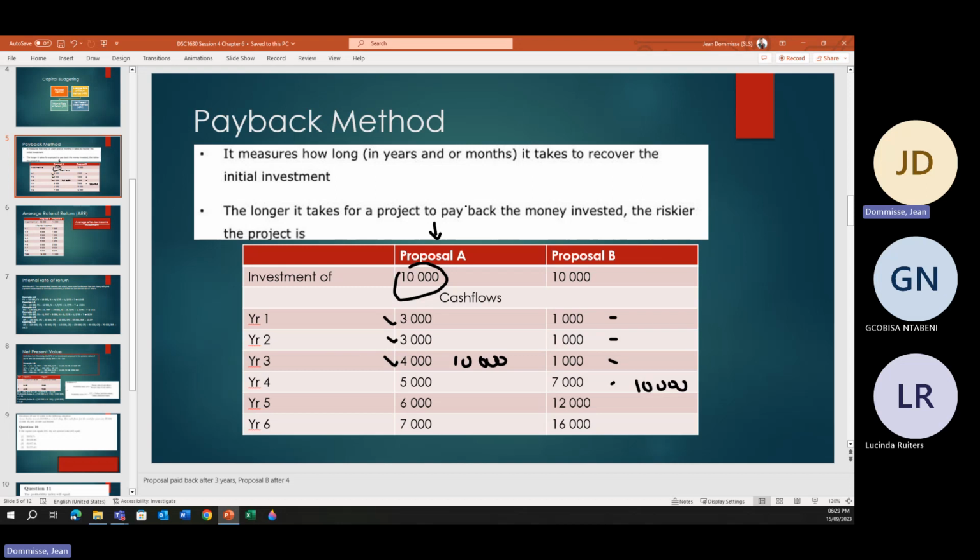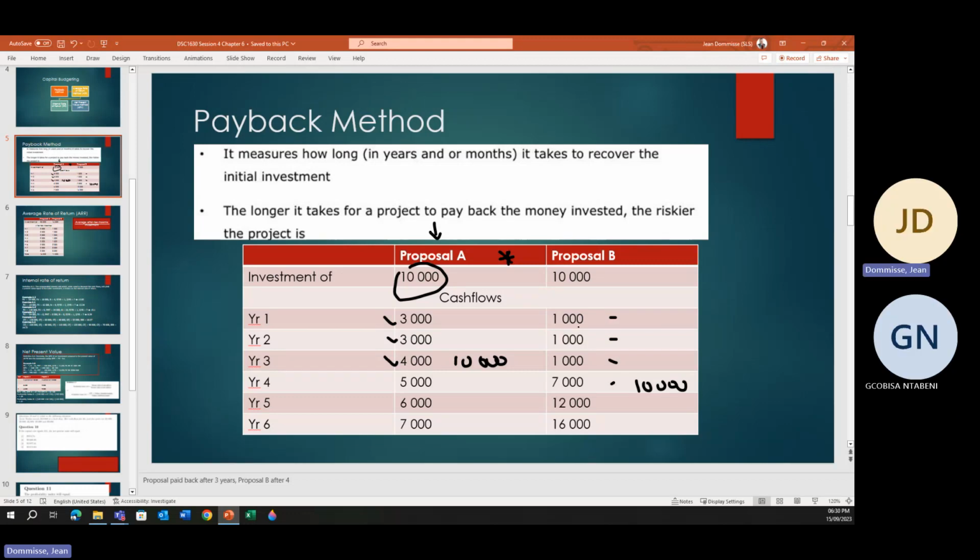So with a payback method, I would select proposal A because that tells me how much quicker my investment was paid off. Even if you look at over 6 years, I will get a bigger return out of proposal B. For this method, I only wanted to focus on the quickest payback. So that is why I think we cover it.